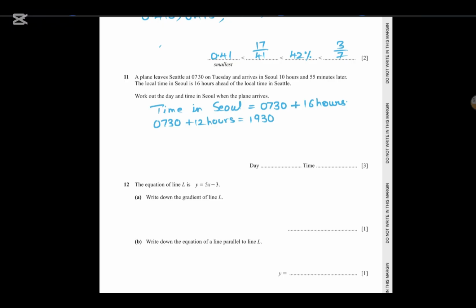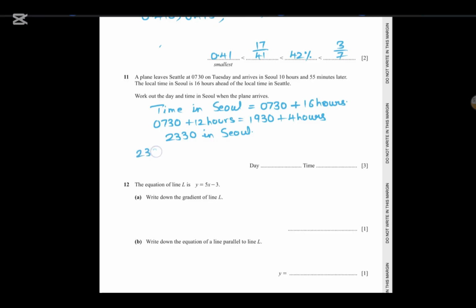Okay, 7 plus 12 is 19, so 19:30. Then add 4 hours: after 19, 20, 21, 22, 23. So it will be 23:30 in Seoul when the plane took off. That is near midnight. Okay, then it is taking a 10 hours 55 minutes journey.